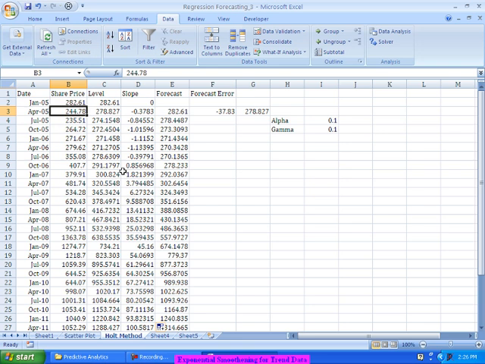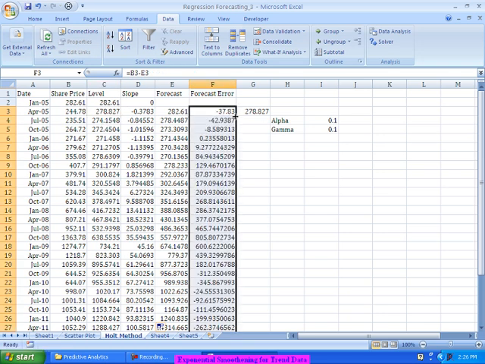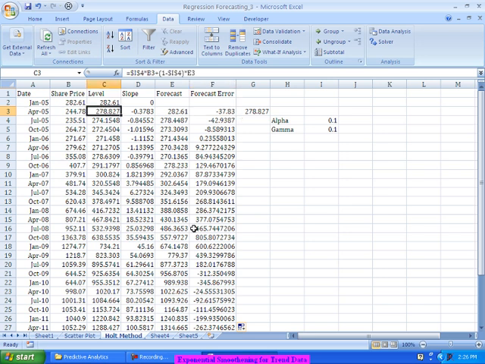And because of that, there is a forecasting error, which is resulting in revising our level estimate. Level estimate is the value in case there is no upward or downward trend. So my level estimate is revised to 278.